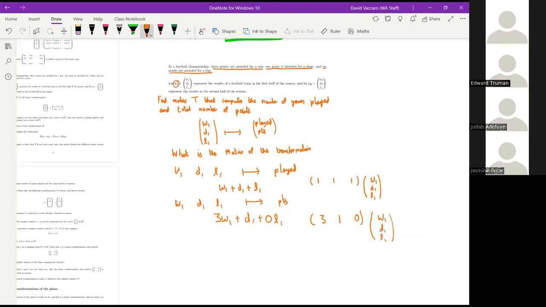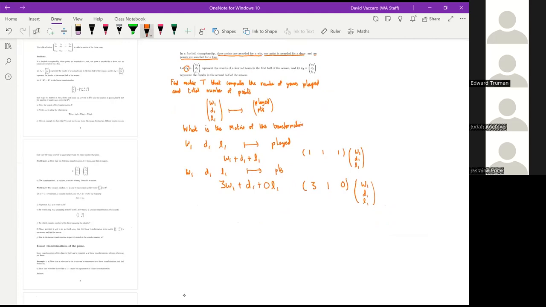And so the overall matrix would have rows 1, 1, 1 and 3, 1, 0, acting on W1, D1, L1, which maps to W1 plus D1 plus L1 and maps to 3W1 plus D1, which is the number of games played and the number of points.